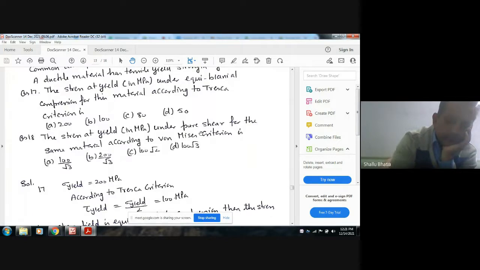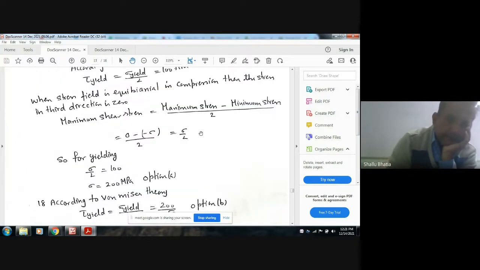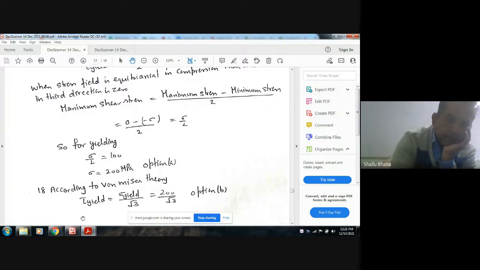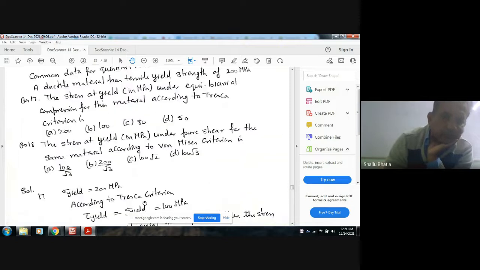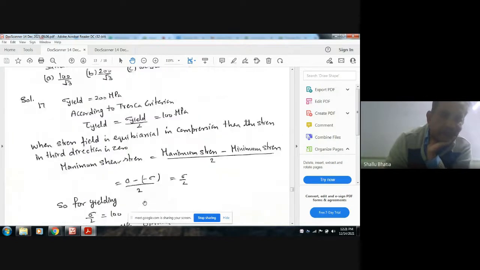It means the material fails at tau yield equal to 200 by root 3, so the maximum pure shear we can apply is tau yield. So the answer is 200 by root 3, and option B is the correct answer.